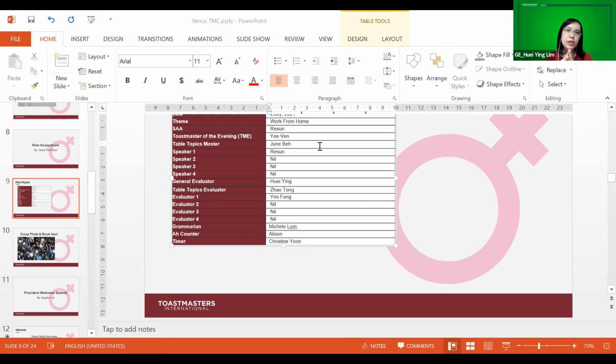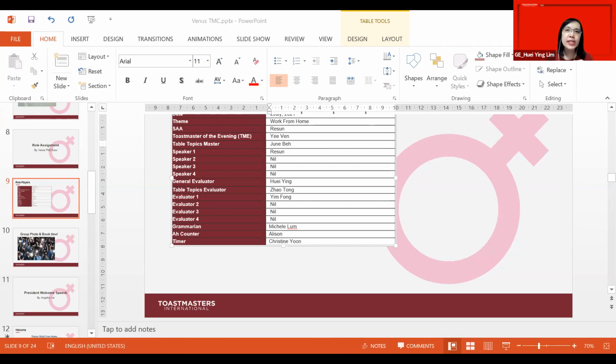For this time around, you just need to do this for the table topics. At 1 minute, you will flash the green as you are seeing now, then at 1 minute 30 seconds, you will flash the yellow, and at 2 minutes, you will flash the red. Okay, so this is for the table topic speaker.